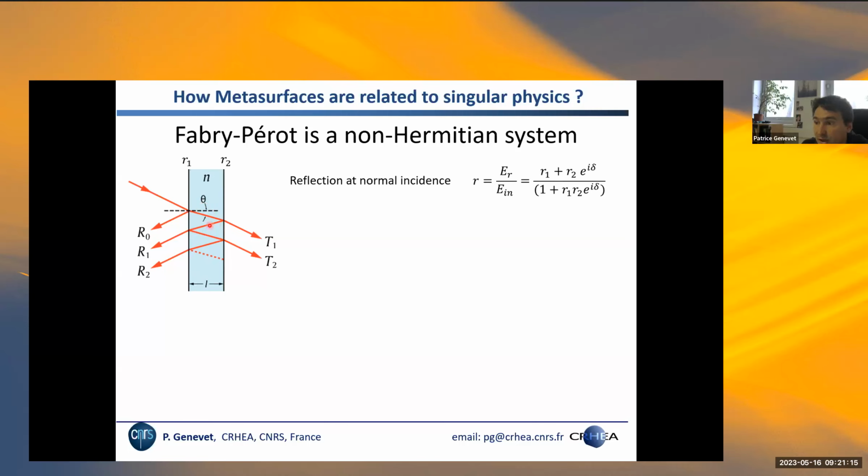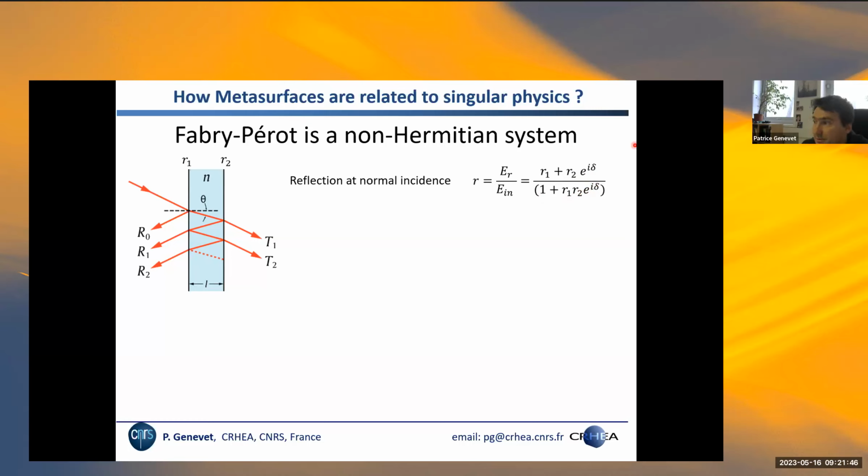So you have a sum of the secondary waves here, and so you have R0 plus this sum, and you can eventually simplify this expression, and it comes to a very simple expression here for the reflection coefficient, where you have the numerator that takes R1 and R2 reflection coefficients plus a phase term multiplied by a first phase term, and the denominator, which is written by 1 plus R1 R2 times this phase term here.